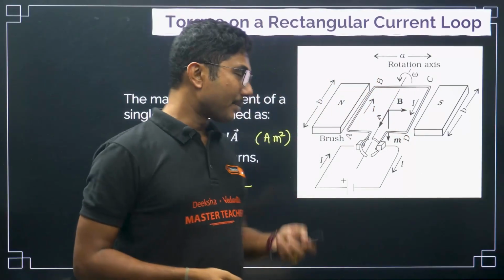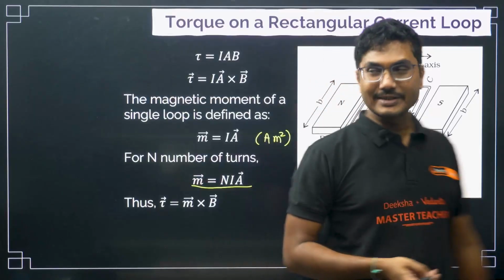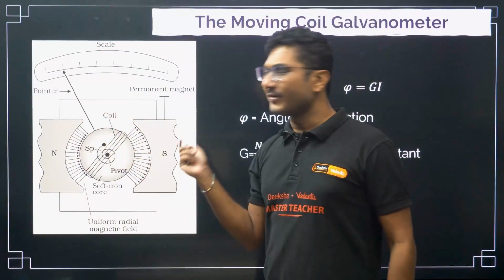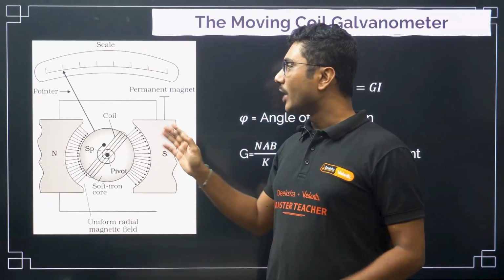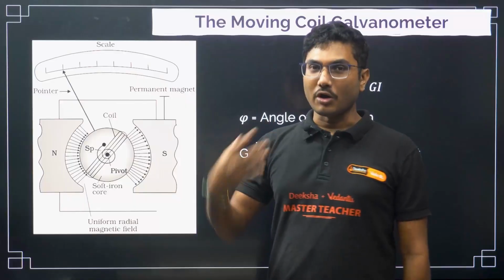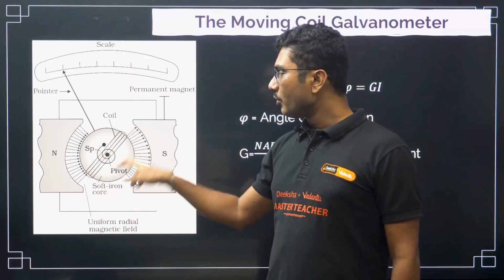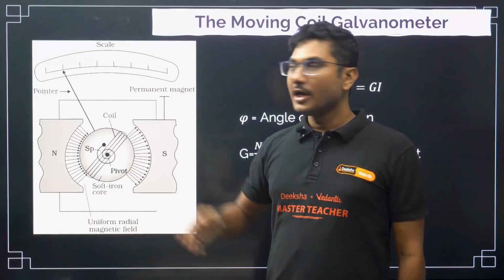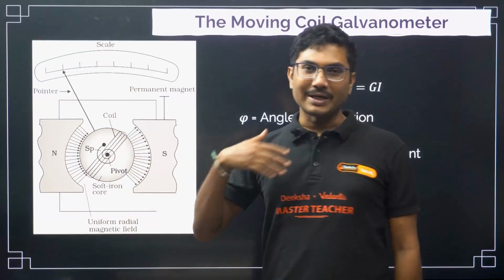Now what happens is that you have a system where the magnetic field etc. is all set up, and you want to measure the current. How can you do that? You measure the torque. You have a loop through which, if current passes, it will experience a torque. You measure the torque by some mechanism.